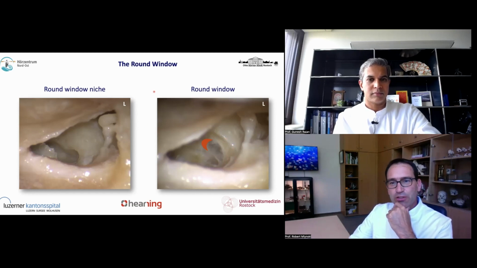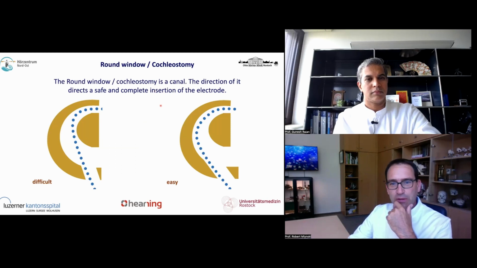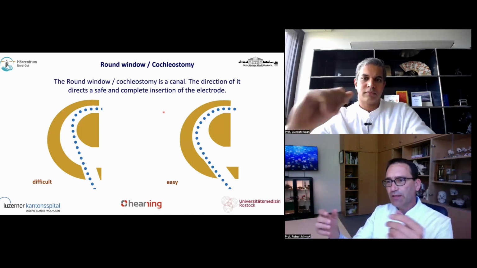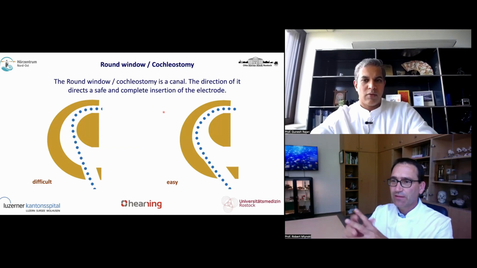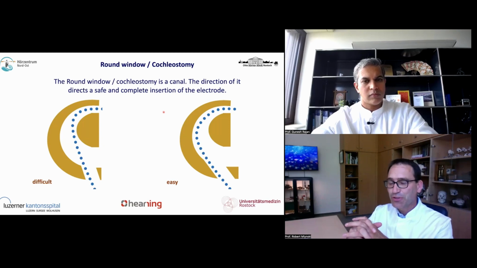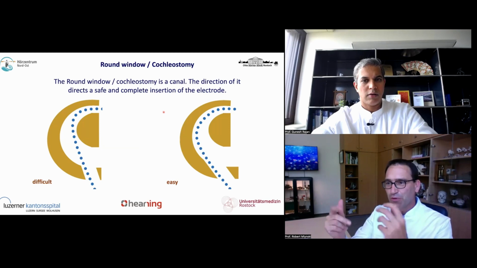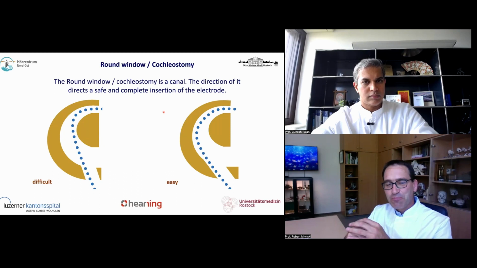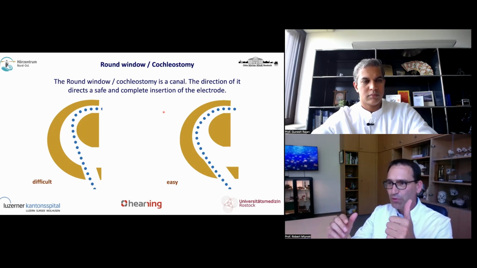Yeah, trajectory you mentioned. This is extremely important, because the Flex electrode series is an outstanding design, where you can reach towards the second turn of the cochlea, but you also want to get there and not have the electrode folded up in the middle ear or in the cochlea. So the insertion of the electrode is a crucial point. You need space. This is the most important step, to have easy insertion of electrodes. We had this with the posterior tympanotomy.